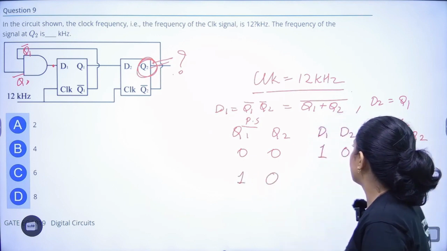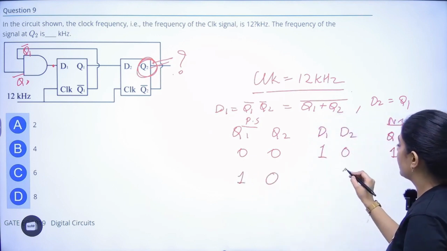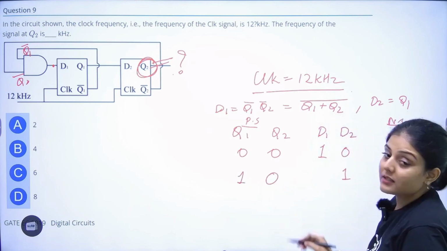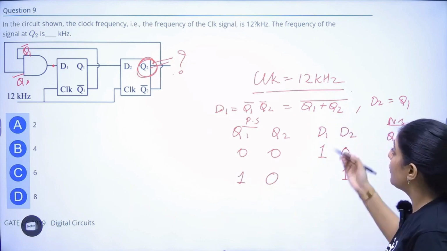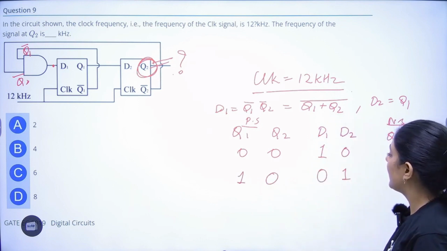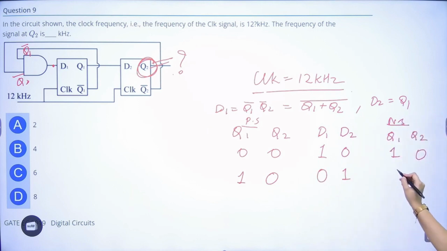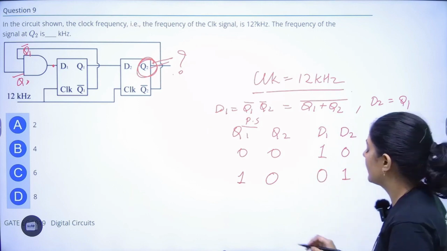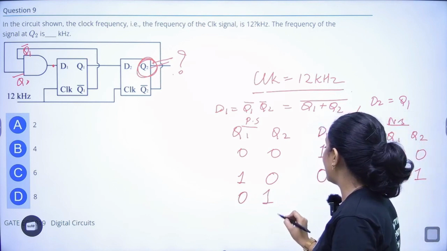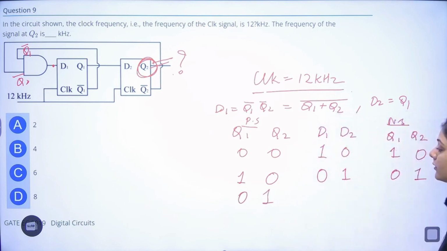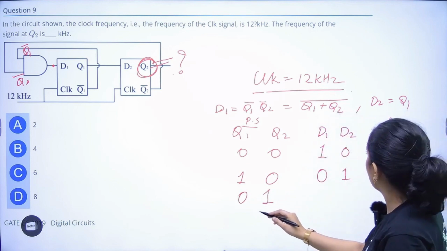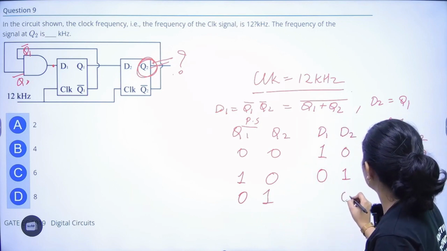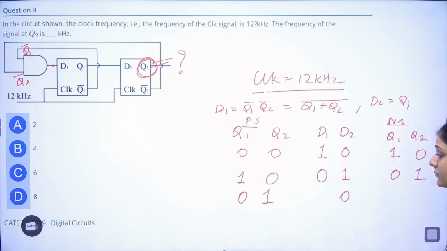So 1 0. D2 is Q1. Same, 1 plus 0 is equal to 1 and that bar, 1 bar will be equal to 0. This will become your next state, 0 and 1. Now Q1 is equal to D2. This is your 0. This plus this will become 0, and 0 0.